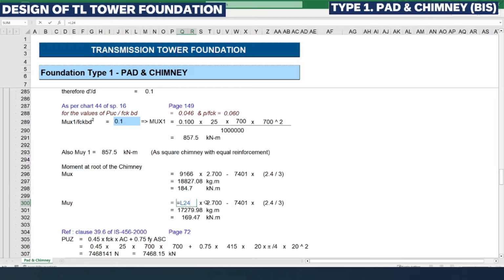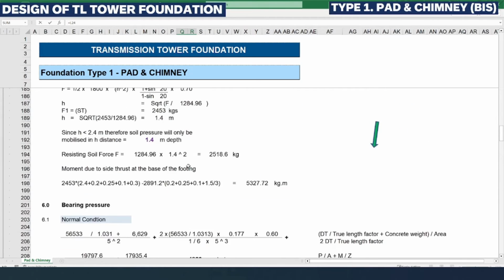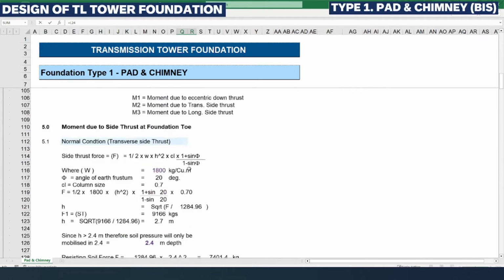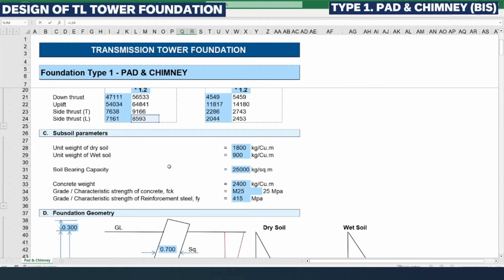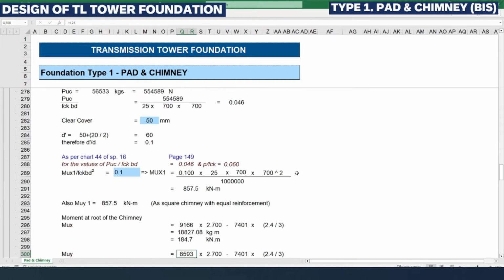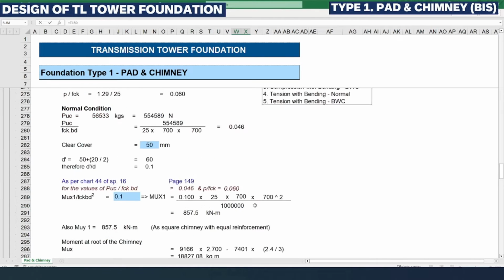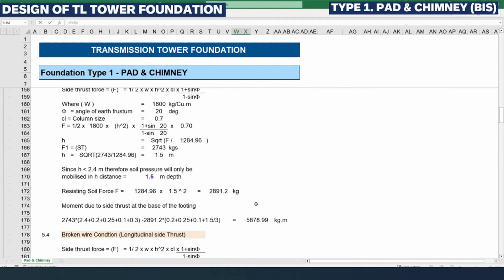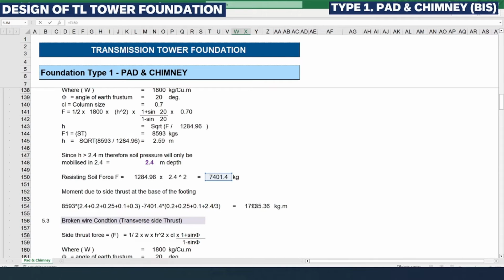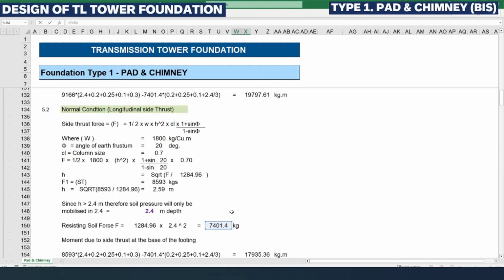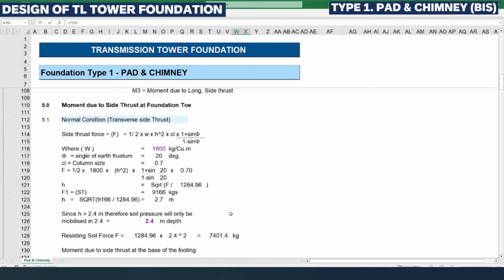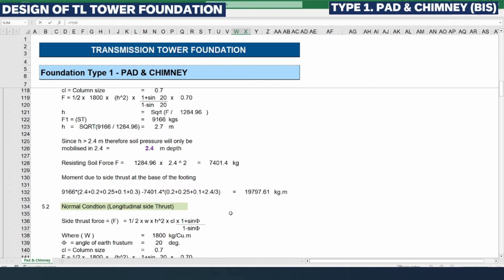Similarly, for longitudinal thrust also we need to apply this kind of method. The longitudinal side thrust is multiplied by 2.7 meter, which is the clear depth of the chimney. The soil weight for the broken wire condition, which we had calculated for the bearing pressure check, remains the same for all the cases.